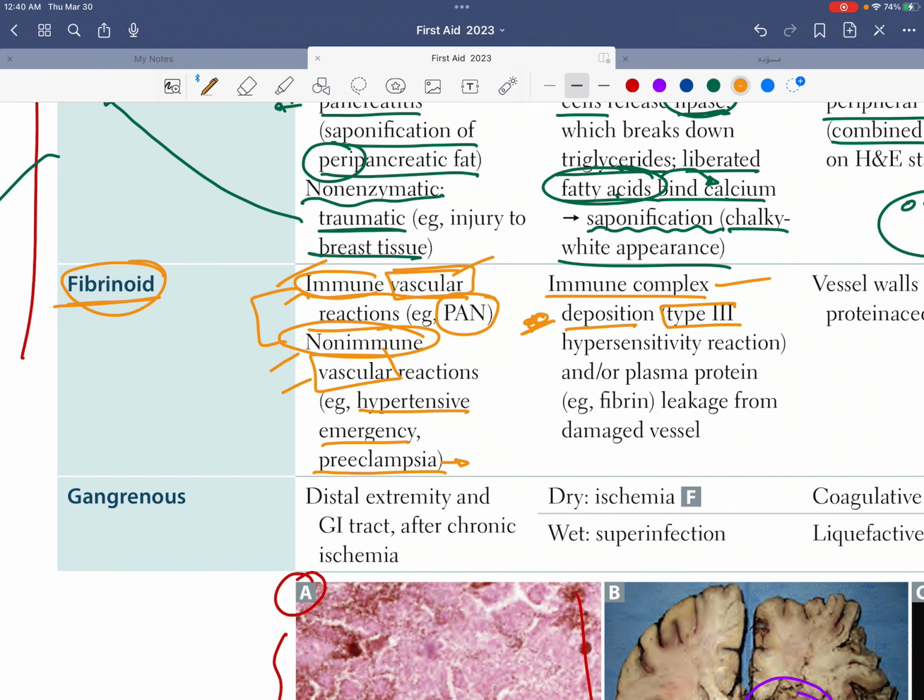So that's one, immune complex deposition and or plasma proteins, just like fibrin leakage from the vessels, because this happens in the vascular wall. So the vessels are not going to stay intact. They're going to break down, and if they do, they would allow the leakage of some contents of the vessel, and some of the contents is fibrin. So these are some plasma proteins, for example, fibrin.